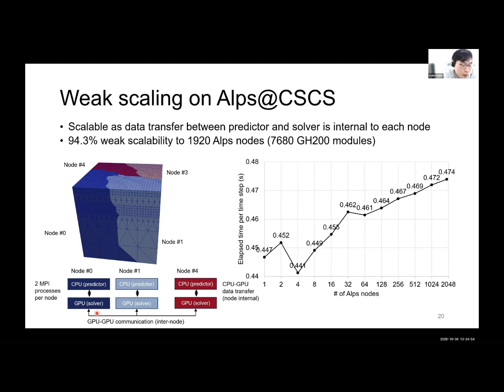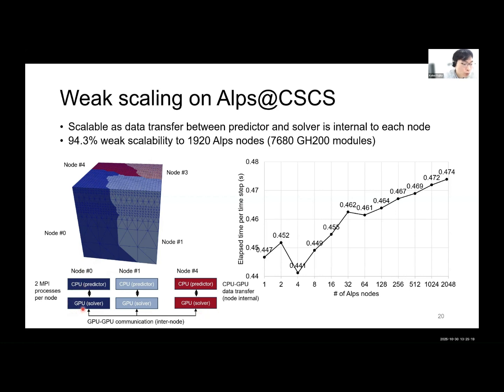In the explanation before, I was using only one node, but we can partition the whole FEM mesh into a number of GH200 modules. The GPU-GPU communication for the solver part is done as in a normal FEM program.